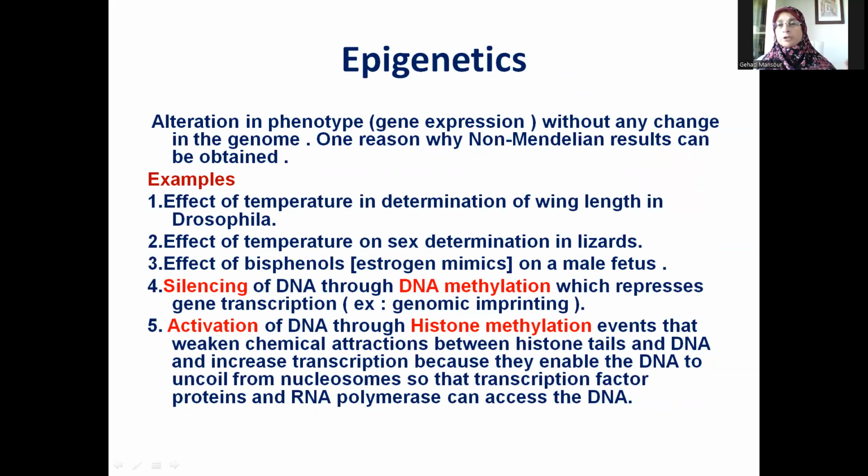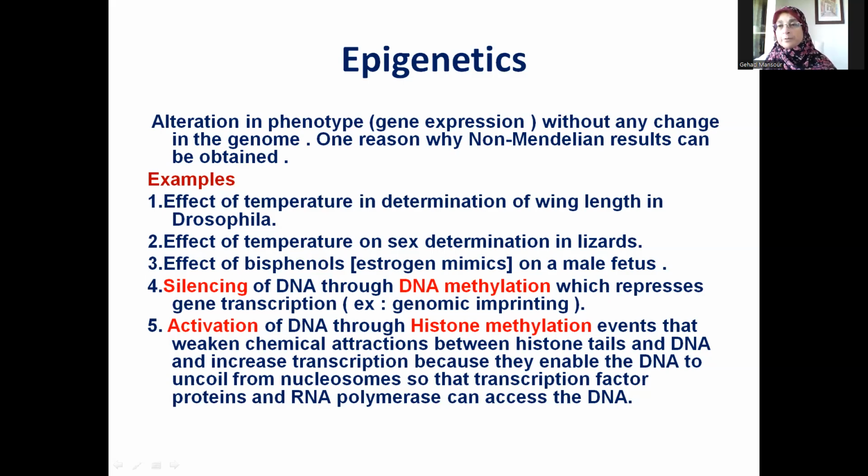It's neither due to a change in the number of chromosomes, nor due to a change in, for example, the sequence of nitrogenous bases in a gene, but it is due to a factor that is not related to the genome, to the original genome structure, the nucleotide sequence, and chromosomal number.